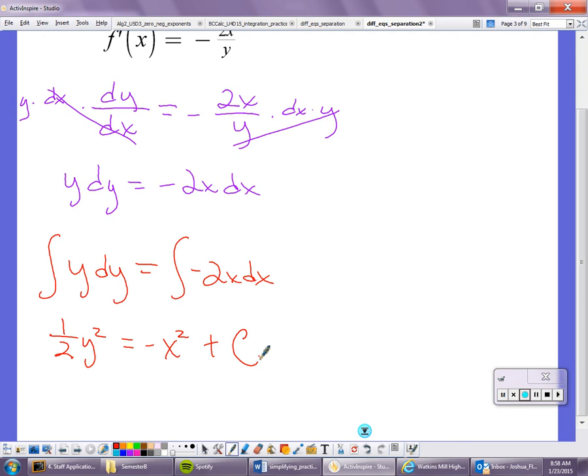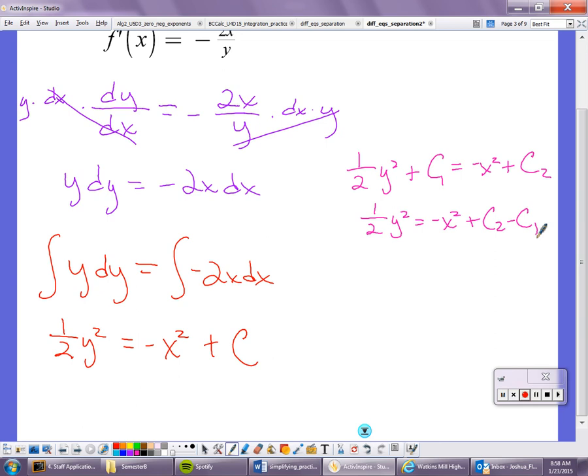Some of you might be thinking, why don't I have a plus c on this side and a plus c on this side? Just as a quick side trip, suppose I'd written it like that: 1/2 y squared plus c1 equals negative x squared plus c2. To make it simpler, I might just subtract c1 from both sides. I get 1/2 y squared equals negative x squared plus c2 minus c1.